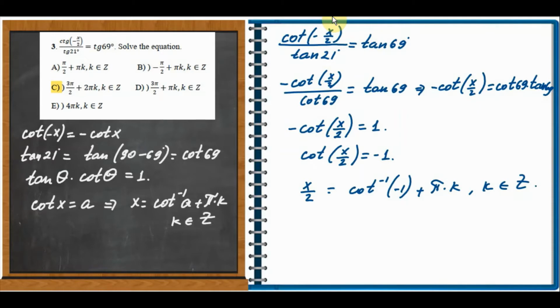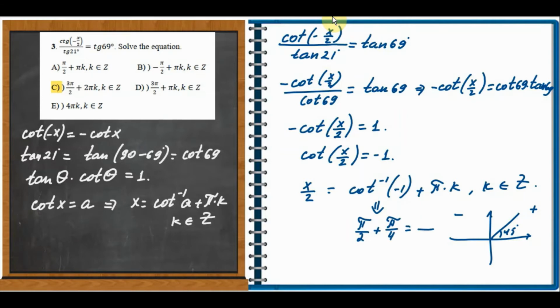We know that cotangent gets 1 on 45 degrees. But if we are looking for negative values, it must be on the second quadrant, because in first quadrant cotangent is positive, in second it's negative. So instead of arccotangent negative 1, we will write pi over 2, it's 90 degrees, plus pi over 4, it's 45 degrees.